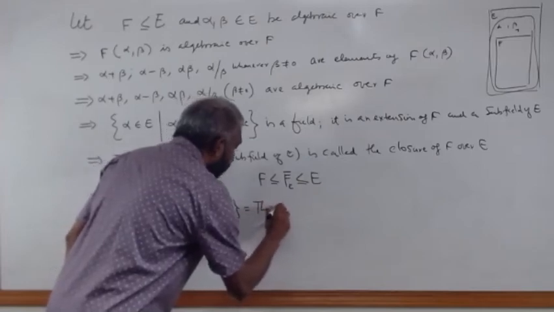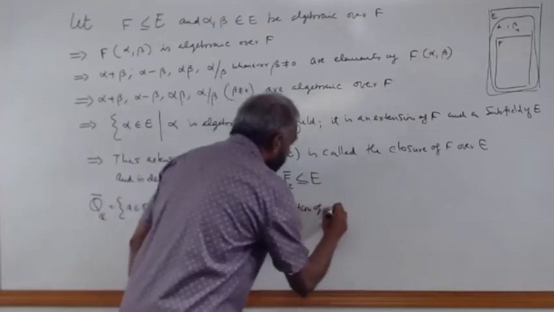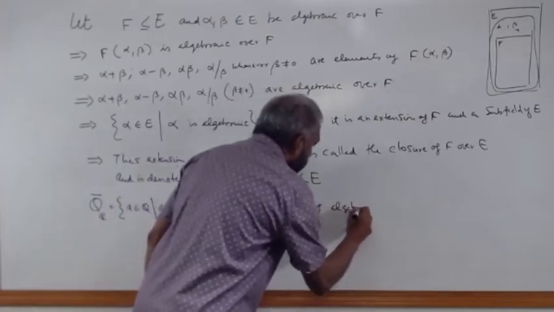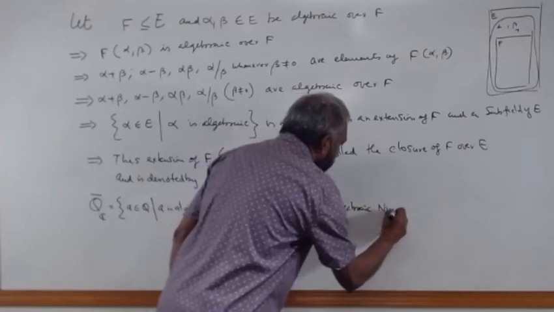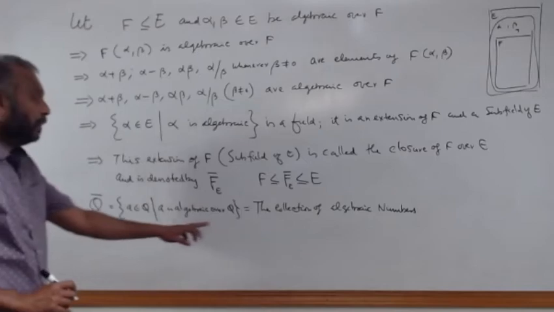and these are actually called the algebraic numbers, the collection of algebraic numbers.